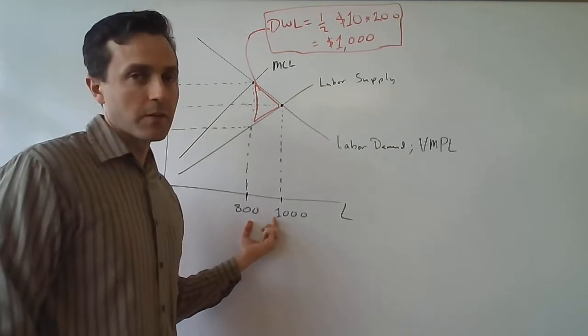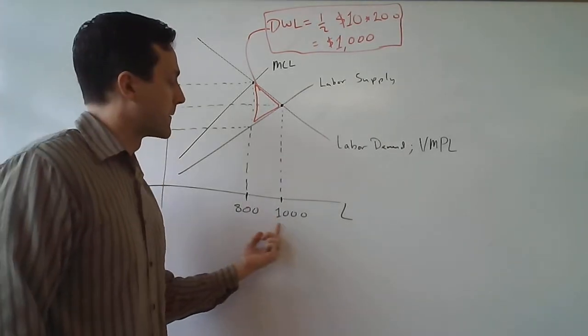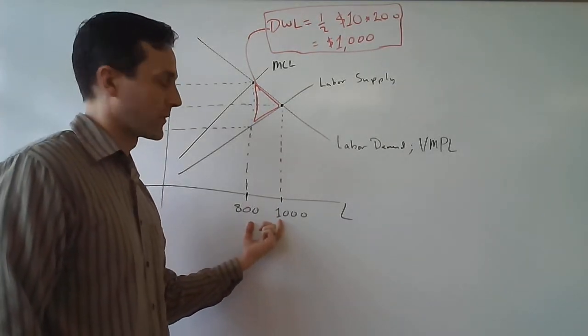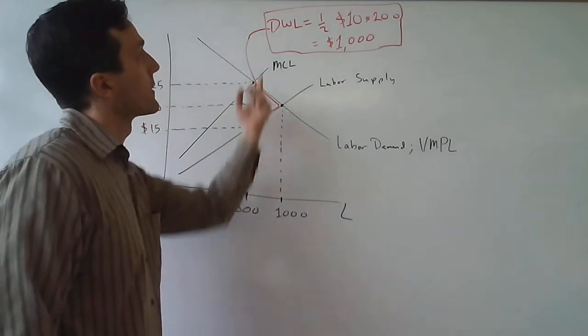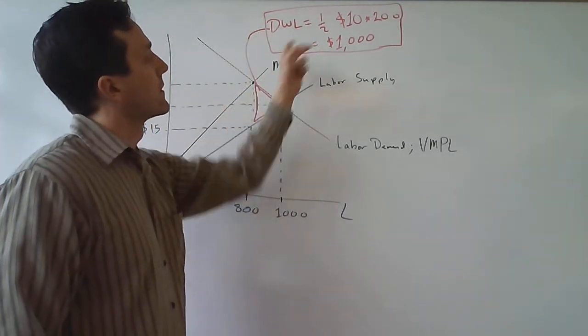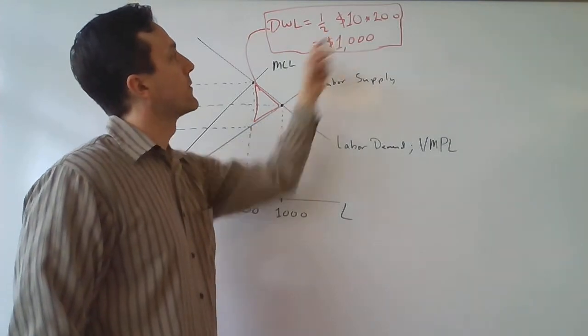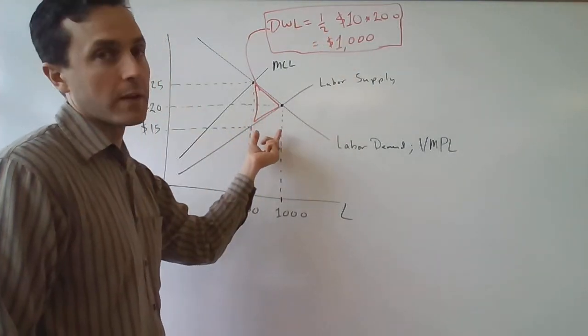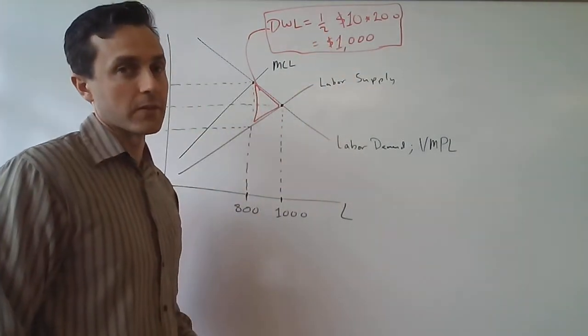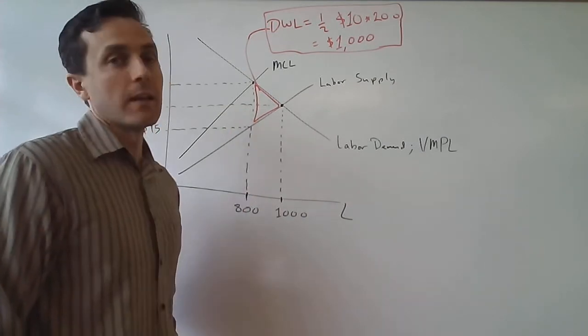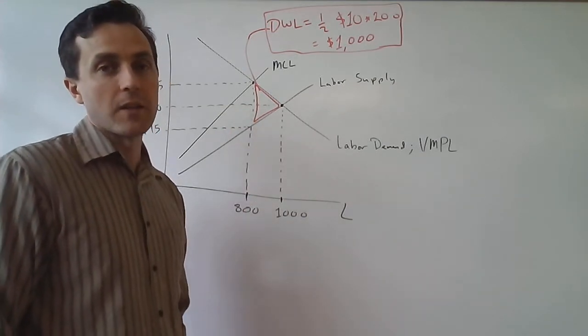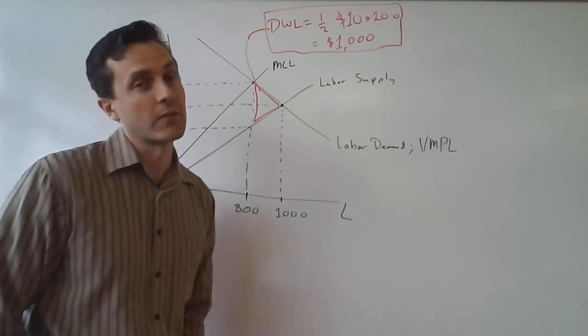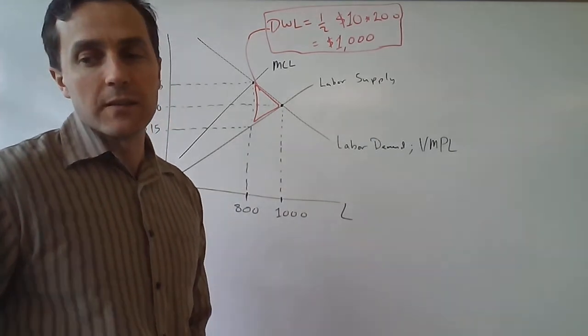And then the horizontal dimension of the triangle is the difference in the number of workers, so it's 1,000 minus 800, which is 200, right? So that's why the deadweight loss is equal to the area of this triangle, which is 1/2 times 10 times 200, which is $1,000. So the deadweight loss in this monopsony labor market dominated by Montgomery Burns in the town of Springfield happens to be exactly $1,000.